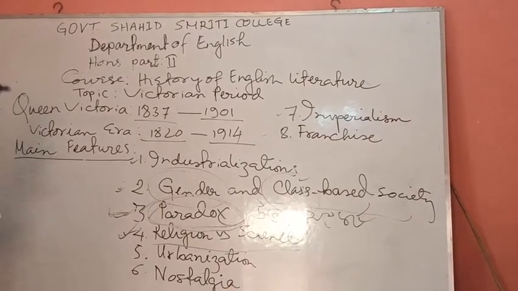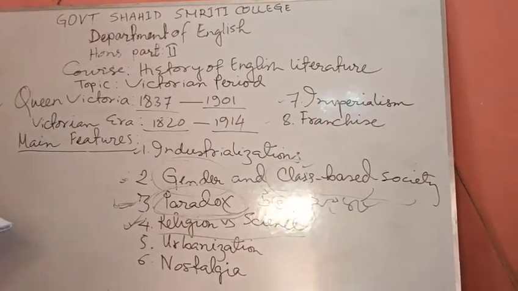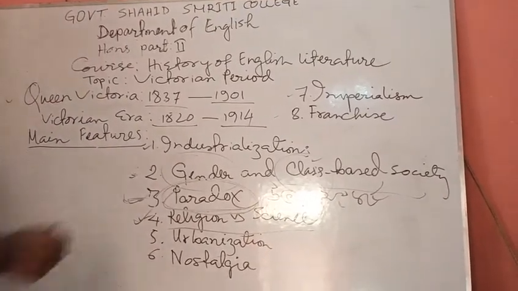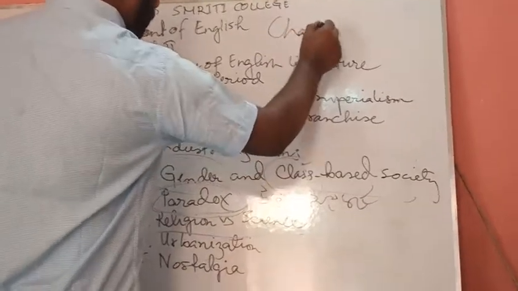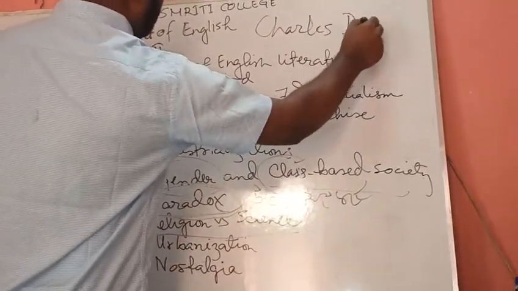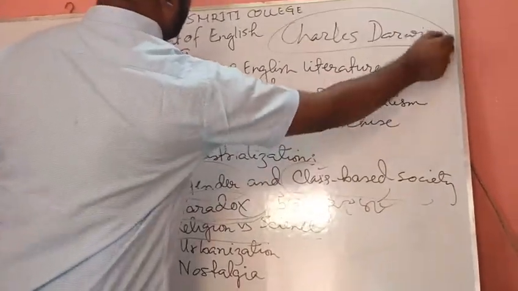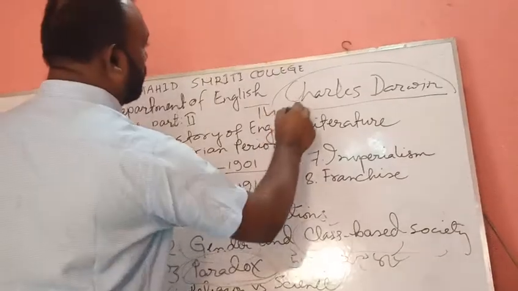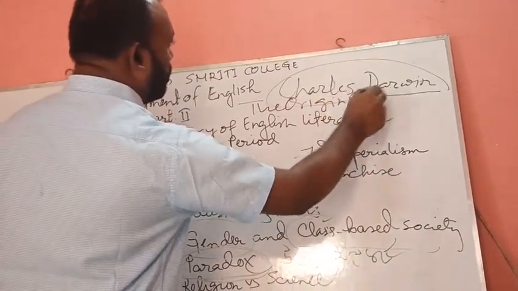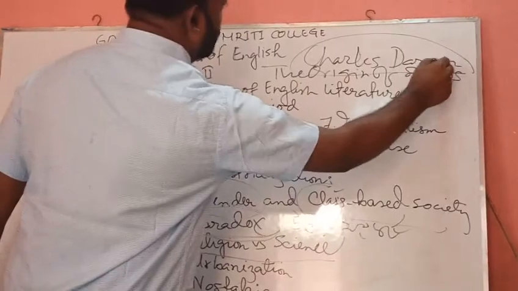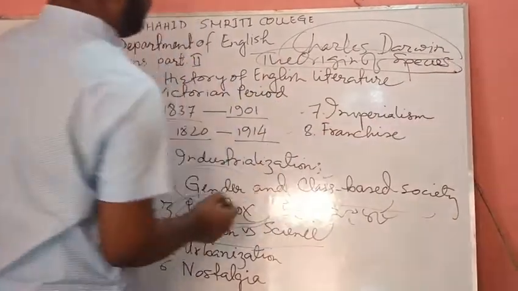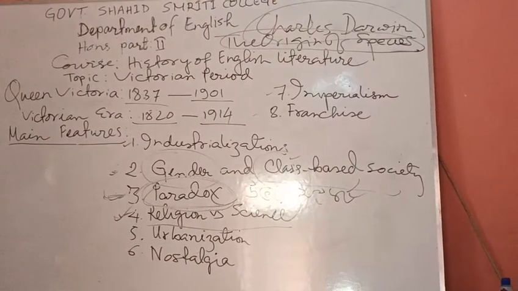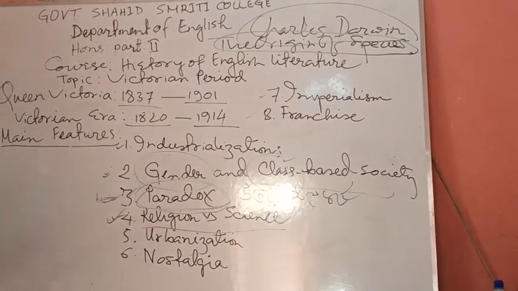They were the first to confront Charles Darwin's theory of evolution. Have you heard the name Charles Darwin? He wrote a book and the name is The Origin of Species. This book brought about a great change in the thoughts of people, and it changed their religious view too.